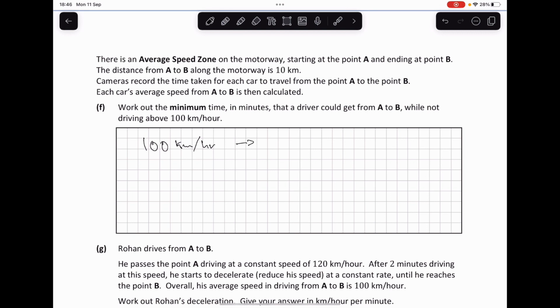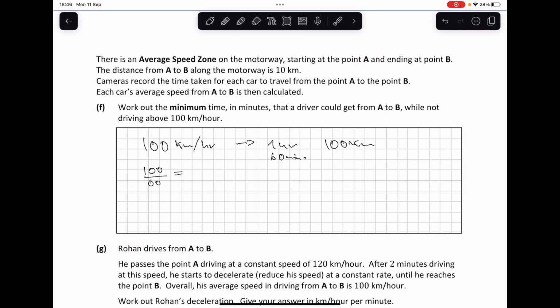That means in 1 hour you go 100 kilometers. So that means an hour is equivalent to 60 minutes. So what we could do, to get the speed now in our new units, is go 100, because speed is distance over time, over 60, is equal to speed.